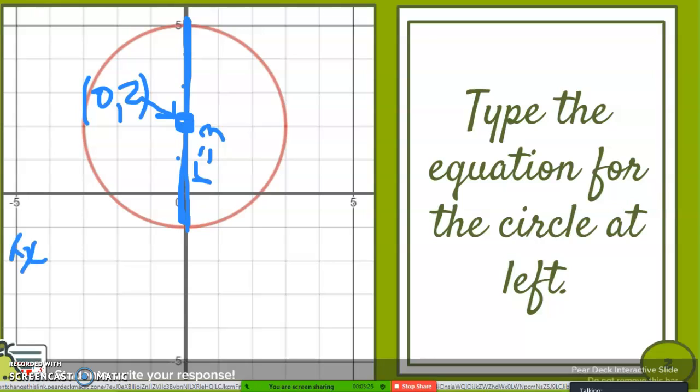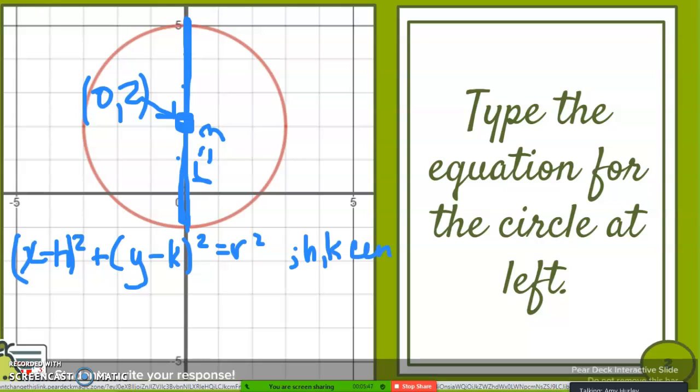The equation of a circle is x minus h squared plus y minus k squared equals r squared, where h and k is the center of the circle, and r is the radius.